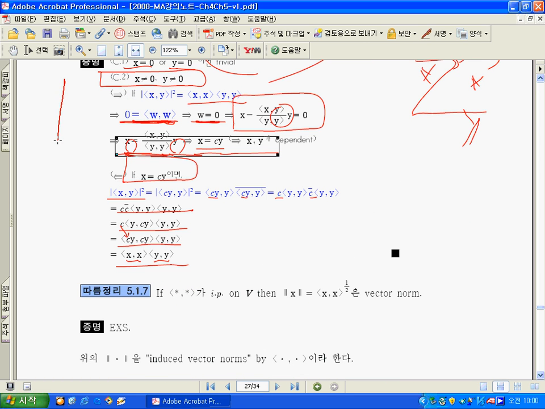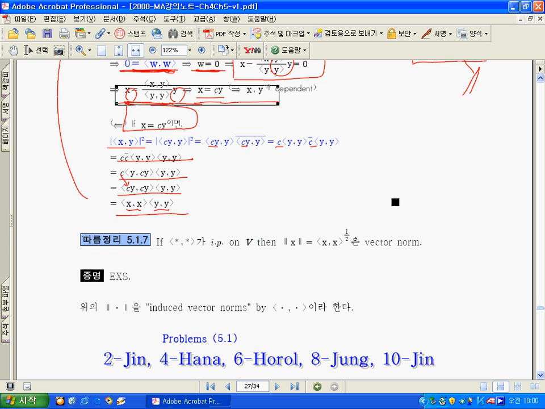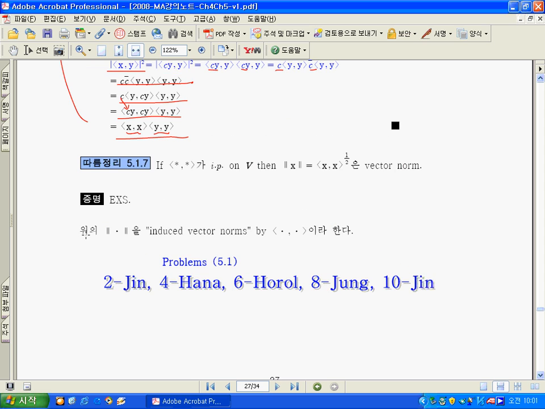Usually this is the example, the exercise problem, for after the Cauchy-Schwarz inequality. Okay. And if this is an inner product on the vector space V, then this function satisfies the properties of a vector norm. Okay. You can easily check it.